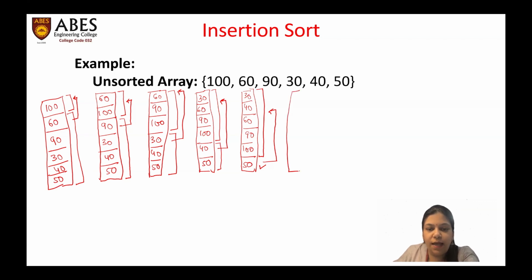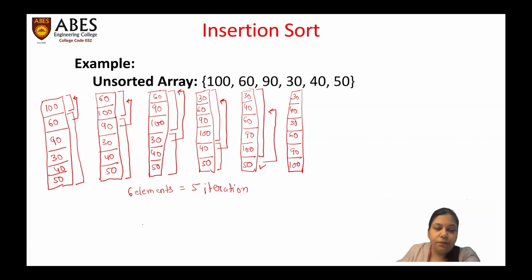And after this iteration, you can see that the array is completely sorted with the values 30, 40, 50, 60, 90, and 100. So we can see that for six elements, we have to take 5 iterations, 5 passes. So if there are n elements, then we will need n minus 1 iterations.